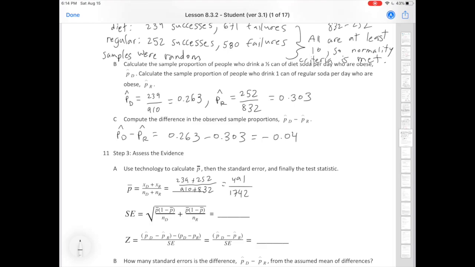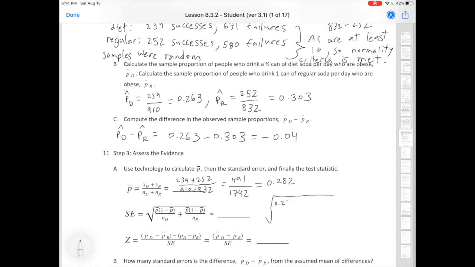Okay, so that's what I got. And when I divide 491 by 1742, I end up with 0.282. That's the P bar, so that's what I'm going to use in the next formula for the standard error. Okay, so let's go ahead and put that in the square root.